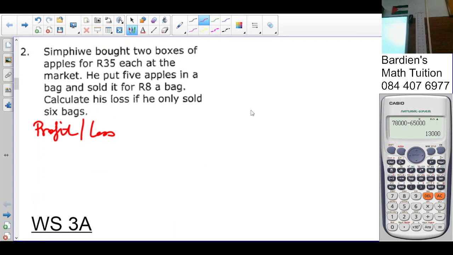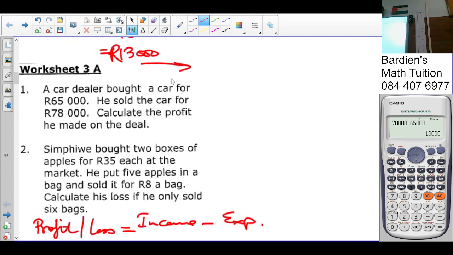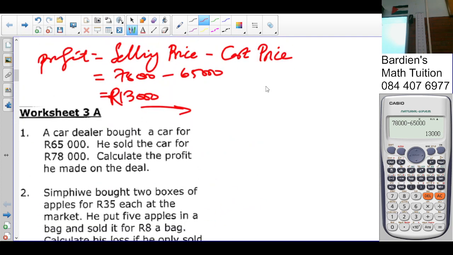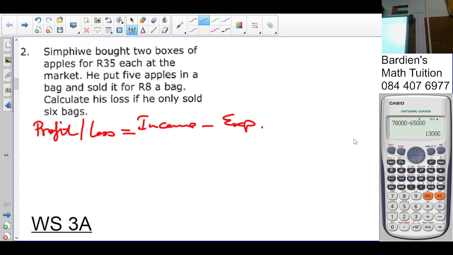And how do you calculate profit or loss? Profit or loss would be your income minus your expenditure. Or the one that we had before, which was the selling price minus the cost price. Income minus expenditure is a more formal, or better equation to use.